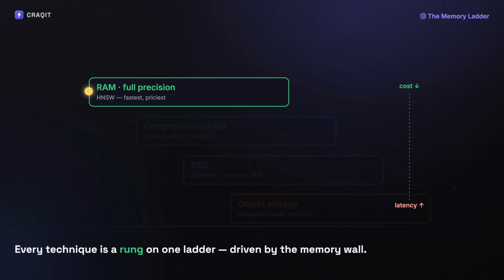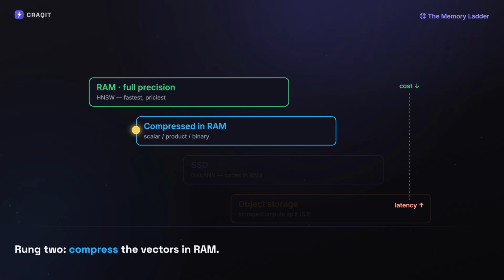Rung 1, the top. Everything in RAM, full precision. HNSW at its fastest, most accurate, most expensive. Too expensive. Rung 2, compress the vectors in RAM, scalar, then product, then binary quantization, trading a little recall to fit far more per gigabyte.